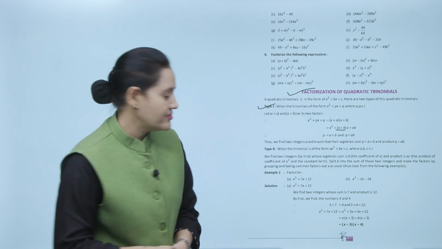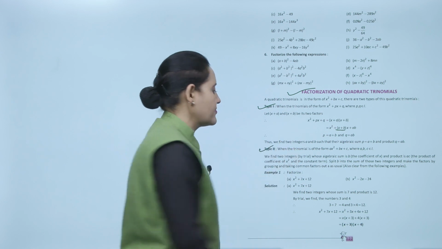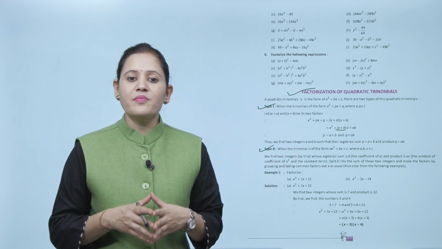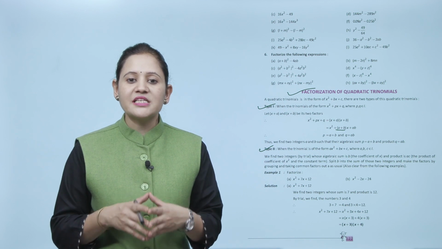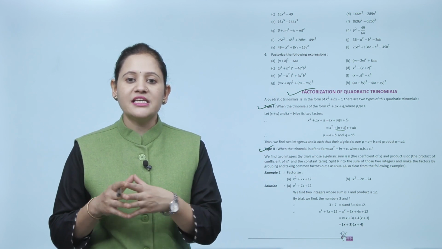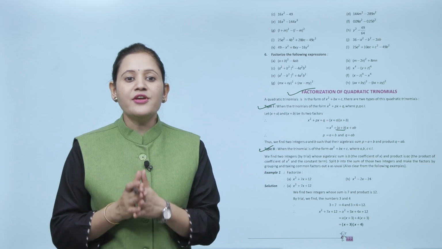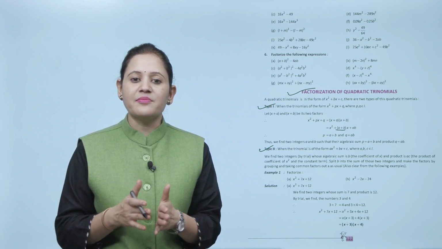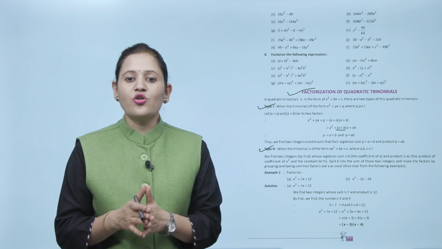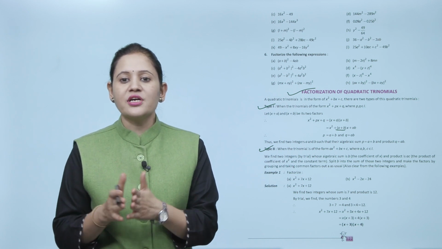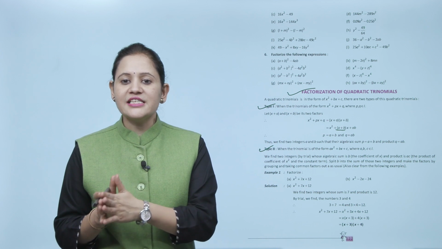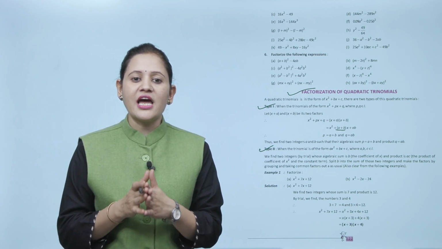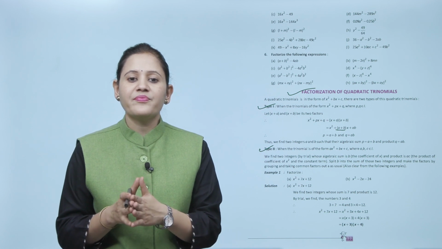Next is type 2. When the trinomial is of the form ax square plus bx plus c, where a, b, c are the elements of L, we find two integers by trial whose algebraic sum is b, the coefficient of x, and whose product is ac, the product of the coefficient of x square and the constant term.